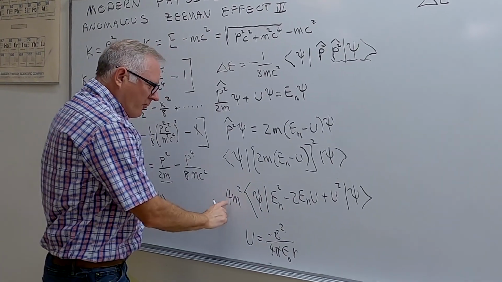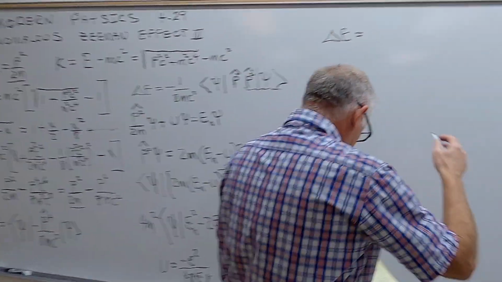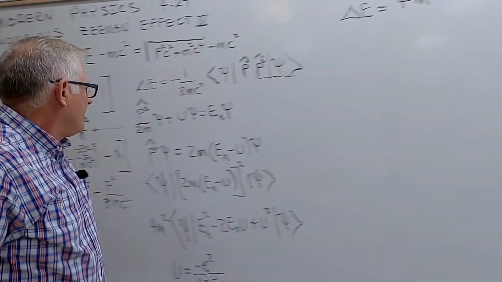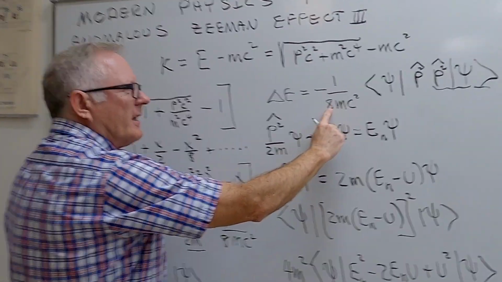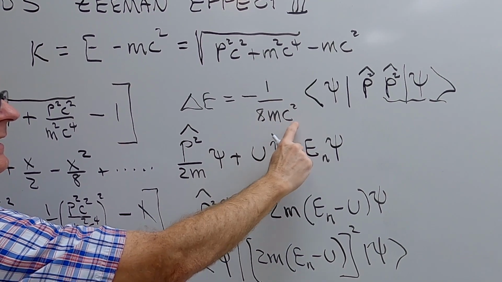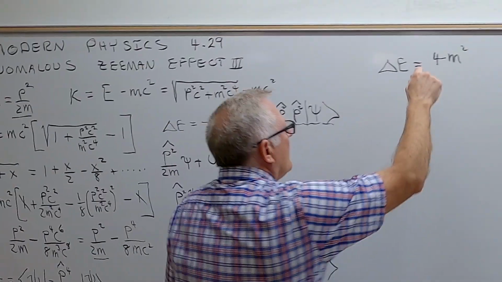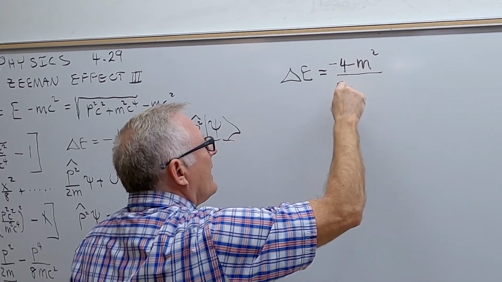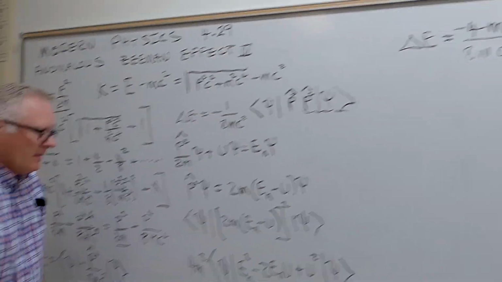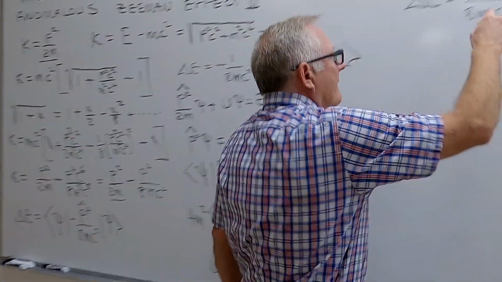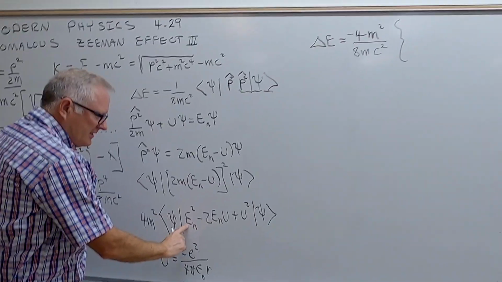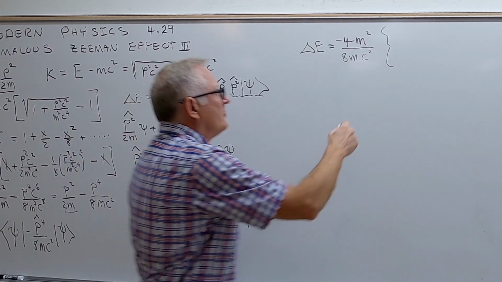That's going to equal 4m squared, except we also have, don't forget, this out in front, so there's also a minus 1 over 8m c squared. Okay, and now we're going to have psi with just the E sub n squared psi. We'll just distribute it through.